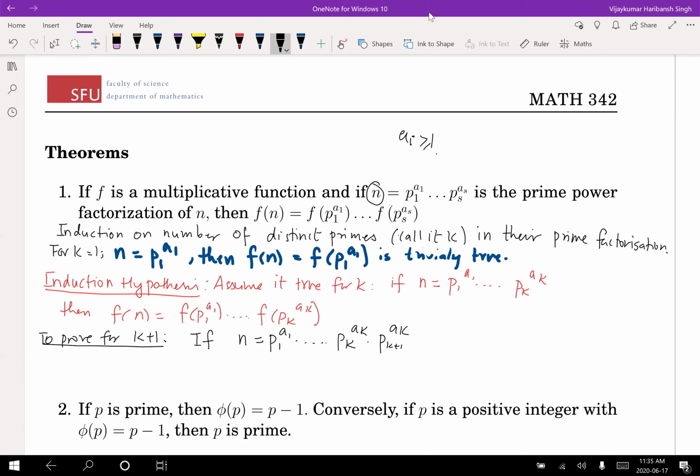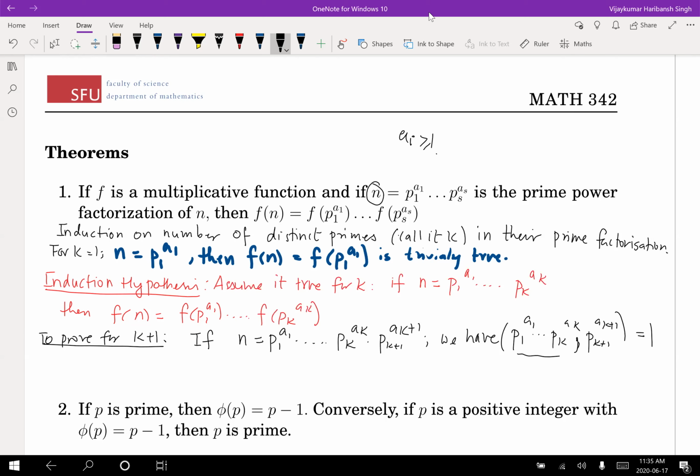So we have that p1 to the a1 through pk to the ak multiplied together, and pk plus 1 to the ak plus 1 are relatively coprime, right?